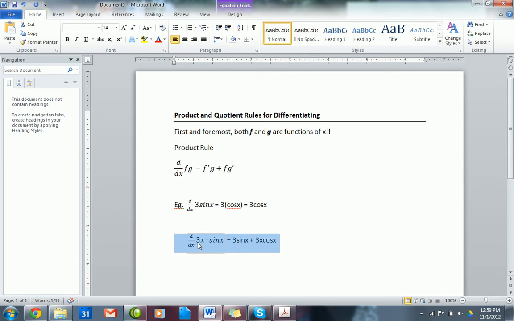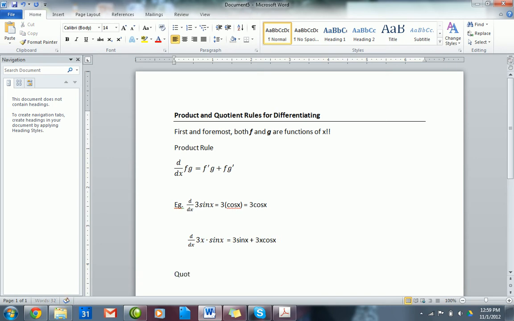A coefficient is a real number. So 3x is a function, and sine of x is a function. And so when I'm differentiating the product of 3x times sine of x, I use the product rule. The derivative of the first, 3, times the second, sine x, plus the first, 3x, times the derivative of the second, cosine. That's the product rule.